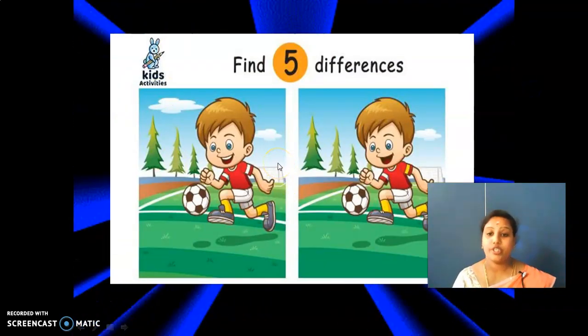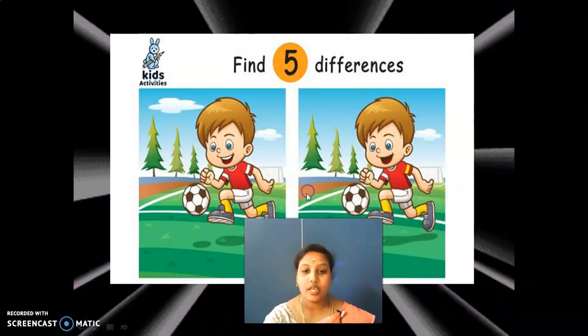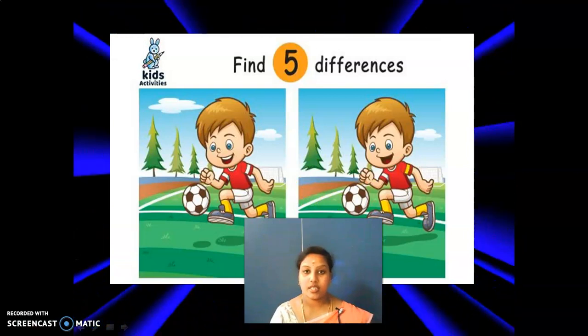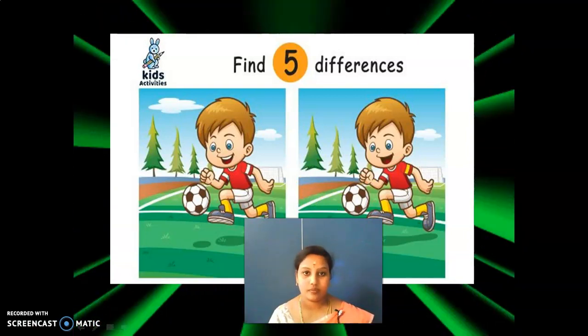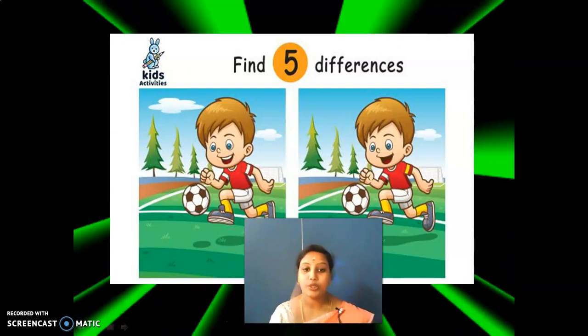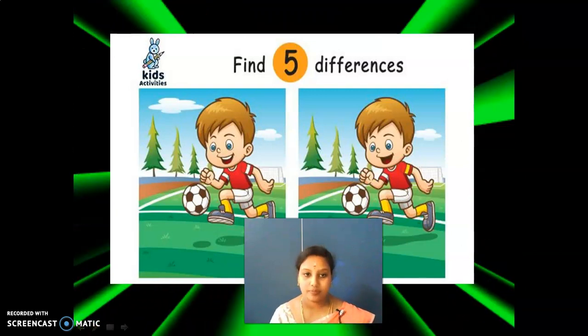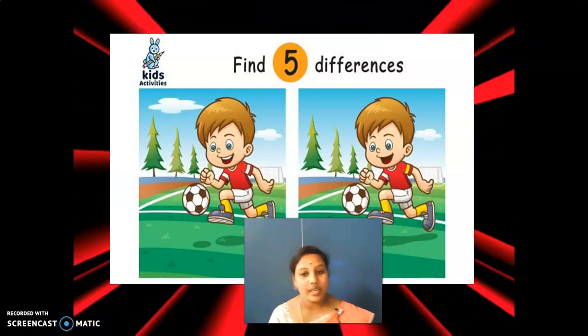So here you are going to find the differences. You have to find how many differences there are in this picture. Find 5 differences. I'll help you out with 2 differences, but before that, I want you to try. You try it and then let me know.